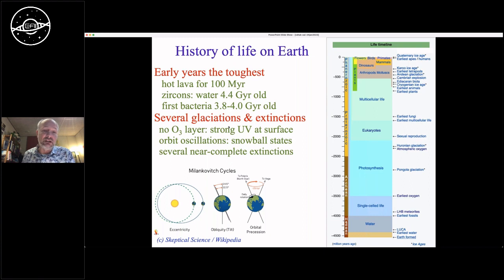There also have been several complete glaciations, listed here, and you can look this up if you want more detail. These are complete snowball states. This has to do with variations in the orbit of the Earth. If you want to know more, look up the term Milankovitch cycle. These are periodic changes in the orbit of the Earth, and this leads to climate change.